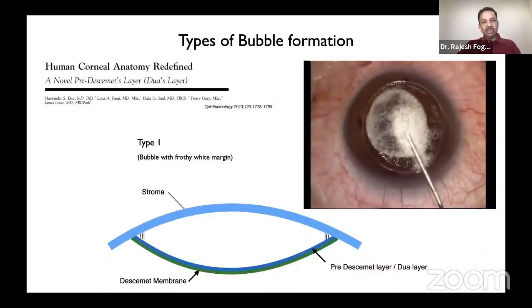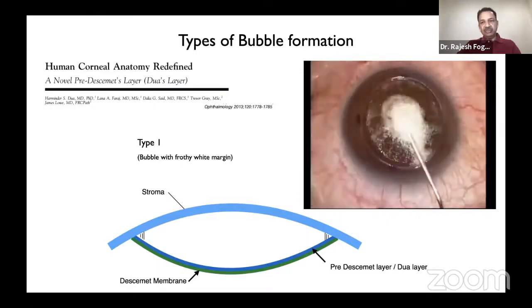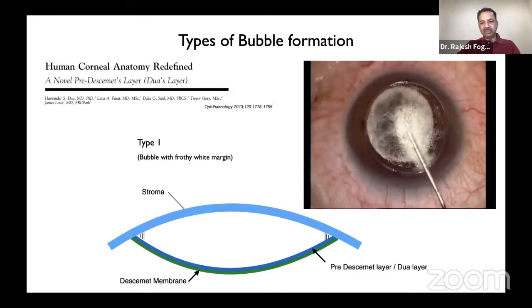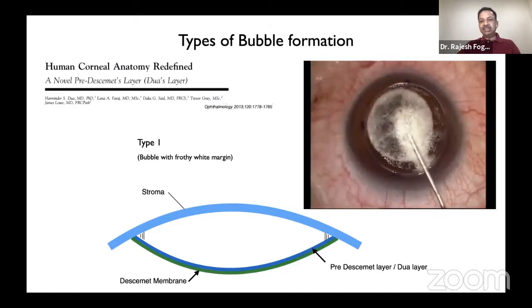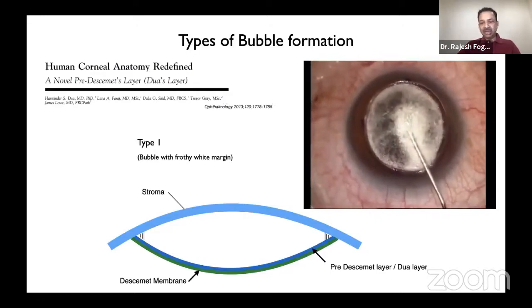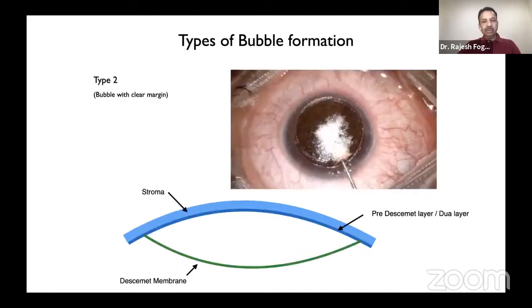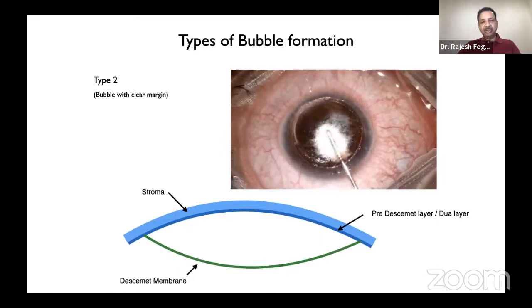Professor Dua's work in 2013 showed that when you inject here, you get different kinds of bubbles. The type 1 bubble forms between the stroma and the pre-Descemet's or Dua's layer. It starts from the center and expands outwards, has a dense white frothy margin, and usually attains a diameter of about 8.5 millimeters. The type 2 bubble can start from the periphery and go across the cornea.